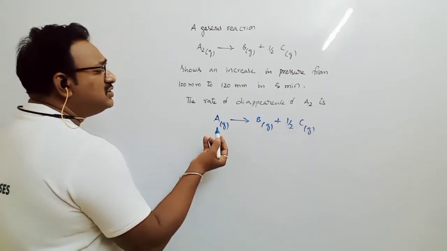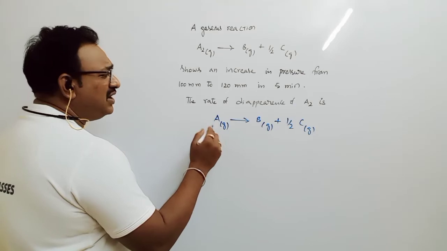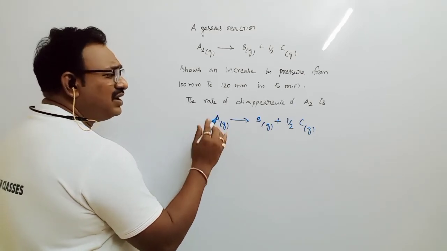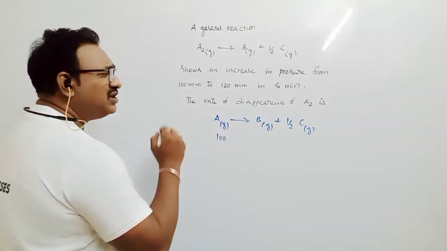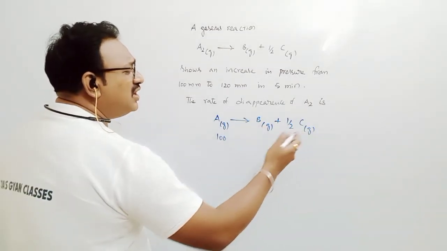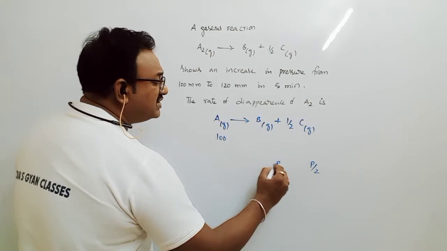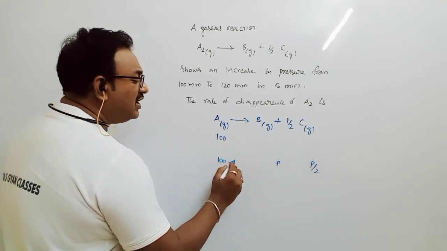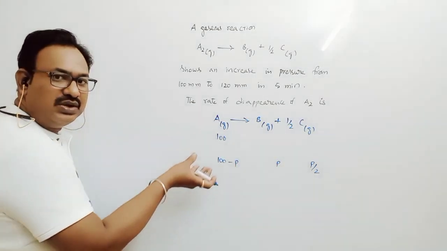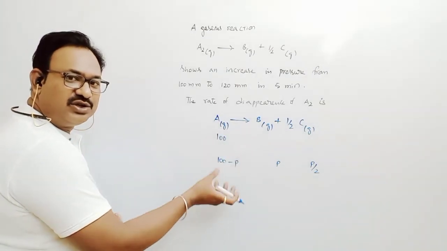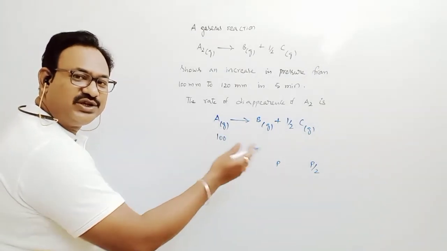Okay, so initially the pressure of A2 is 100. Product is not there. Next, after some time, this will be P by 2, this will be P, and this will be what? 100 minus P. Due to conversion, some pressure will decrease, because of dissociation.